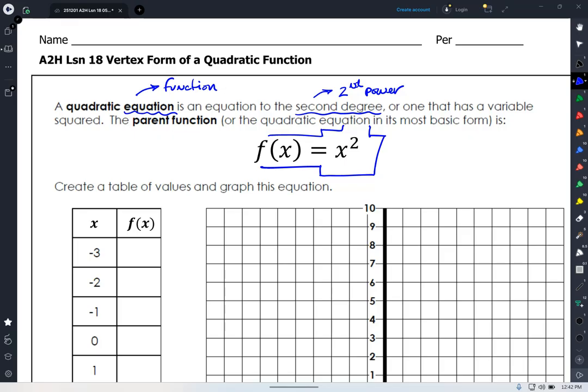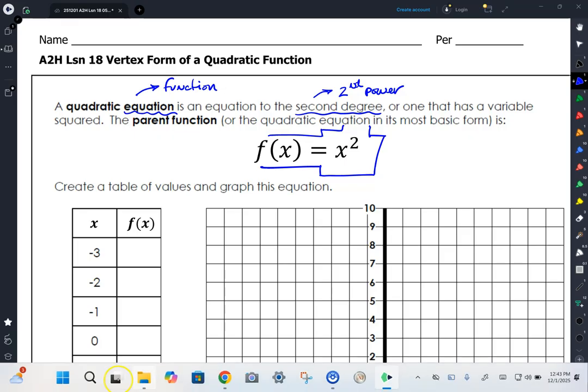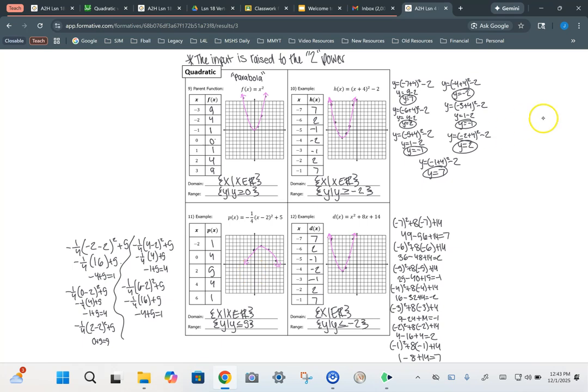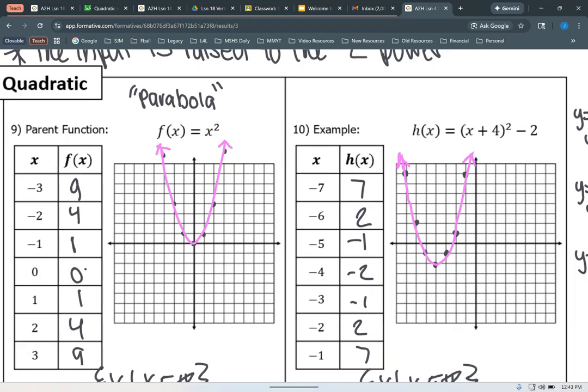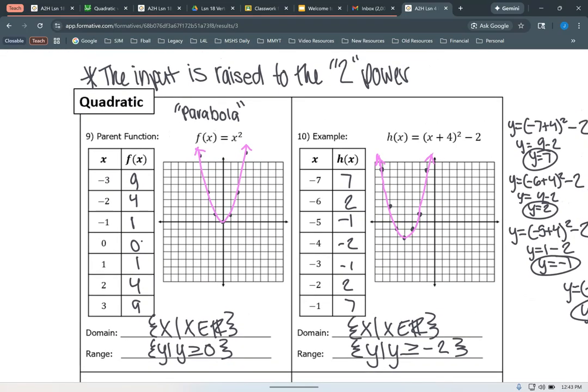Now, let me just give you a quick glance at what this looked like for you previously. Let me just show you a couple of quick things. Look, there's the parent function right there. That's the one that I just showed you on the paper in front of you.